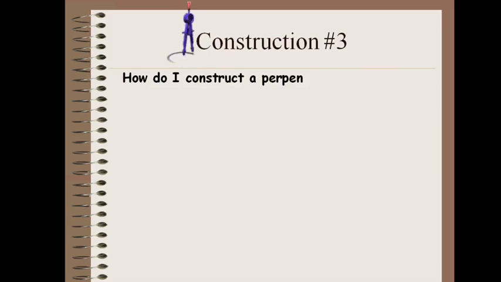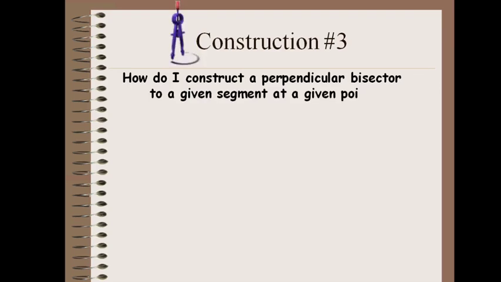Now we're going to construct perpendicular bisector to a given segment at a given point. So here a line K is given. There is a point C on the line.